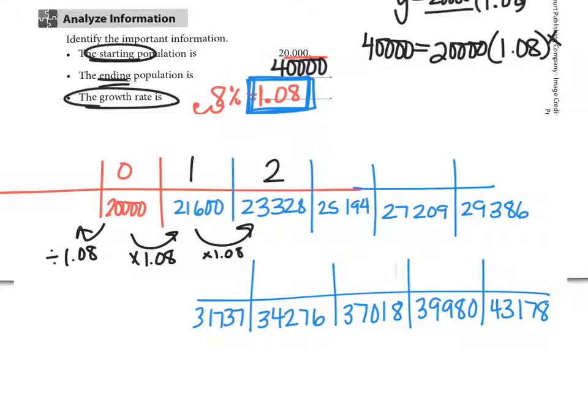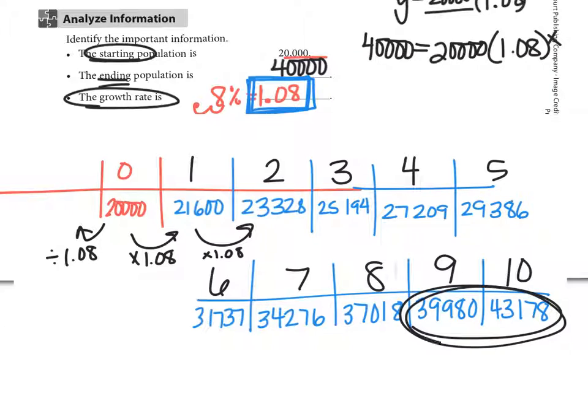And when I did that, 1, 2, 3, 4, 5, 6, 7, 8, 9, 10. It looks like somewhere between 9 and 10 years is when the population doubles, but it's really, really close to 9 because I'm looking for 40,000. So my final answer to this question would be that the population doubles somewhere very shortly after 9 years.